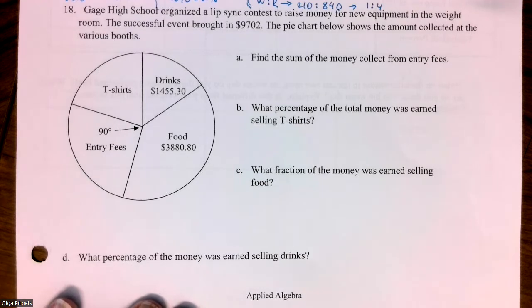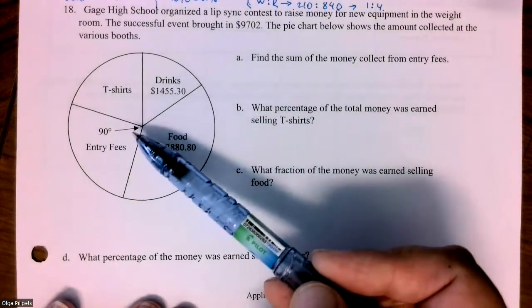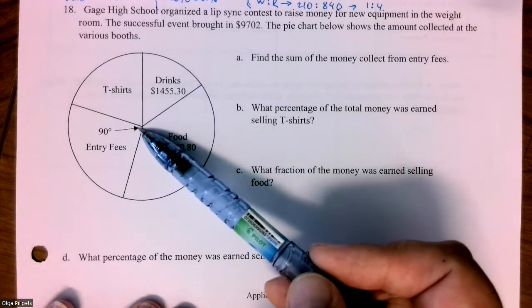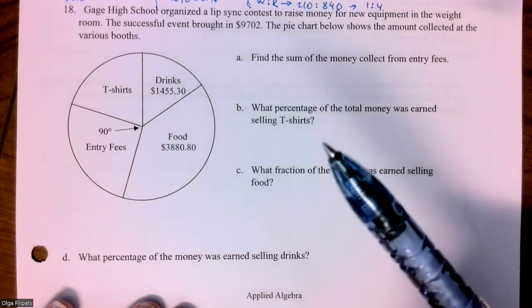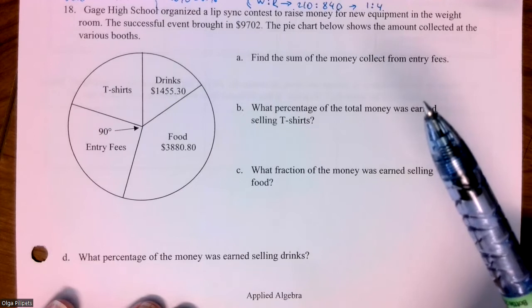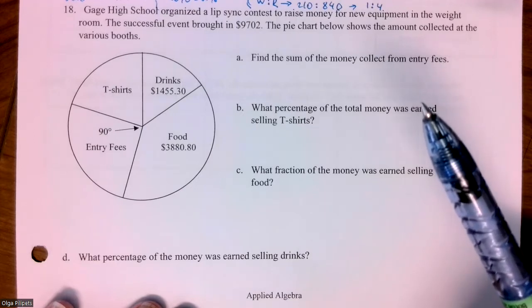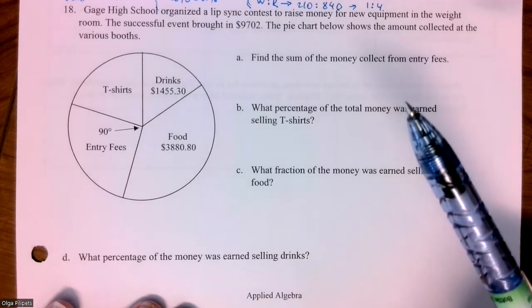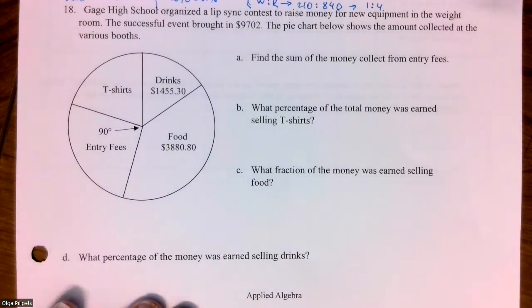All right, since here we have the angle of 90 degrees, 90 degrees is half of 180, or a quarter of 360. This means that the entry fees amount to a quarter of the money raised.